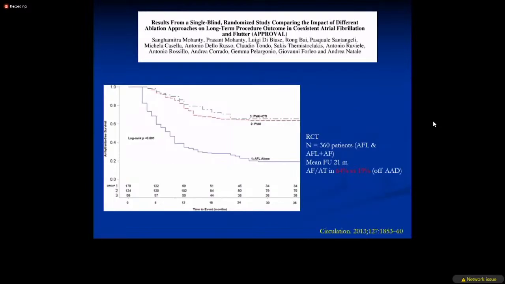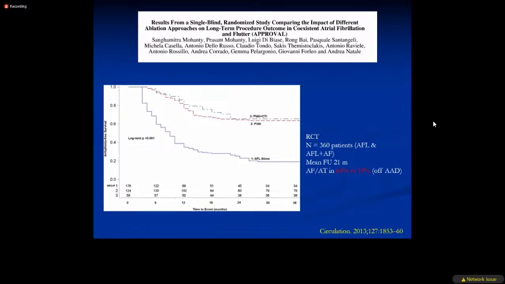And now there are serious studies showing that even in patients with flutter only, if you isolate the veins, you have a better outcome than when you ablate just the flutter.